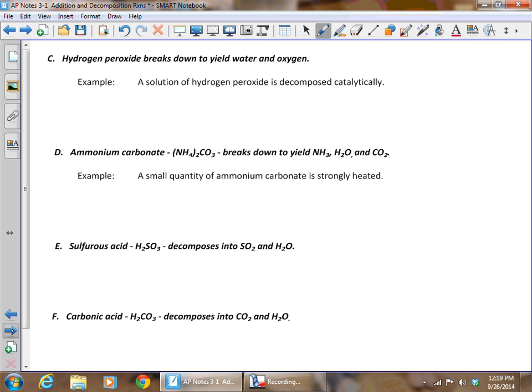Another common one you'll see on the AP test is the hydrogen peroxide reaction. They love hydrogen peroxide. When hydrogen peroxide breaks down, it always breaks down to form, and that's just something you probably need to memorize, H2O and O2. That's the part of it that's doing the sterilizing or acting as an antibacterial.